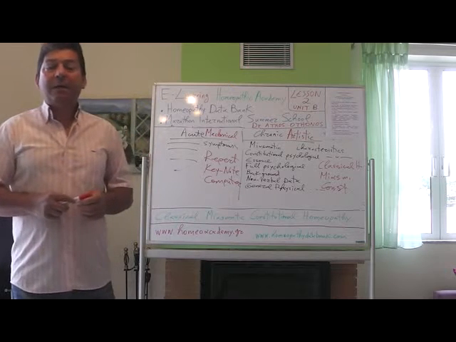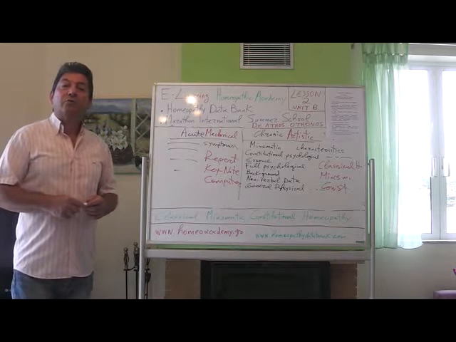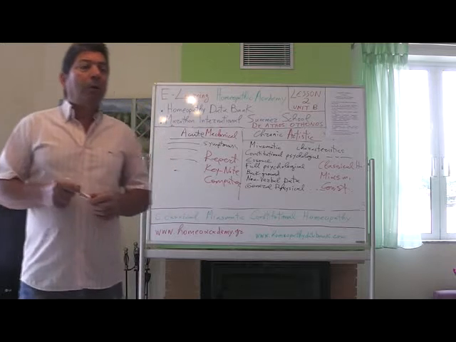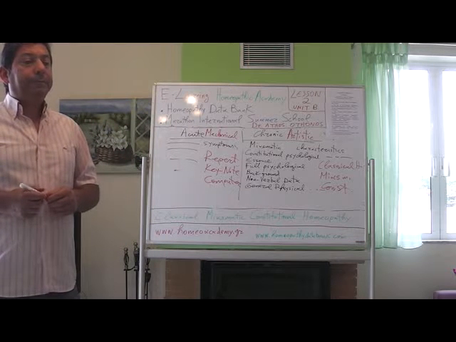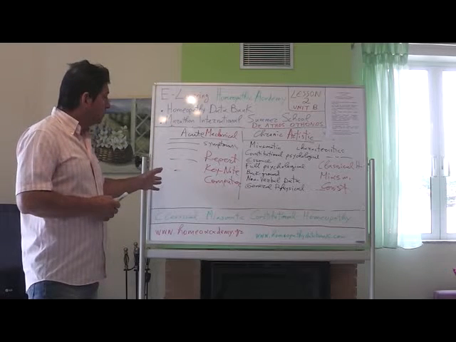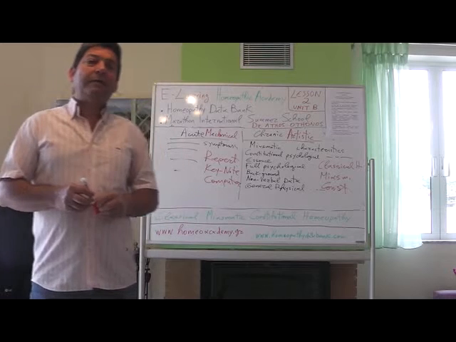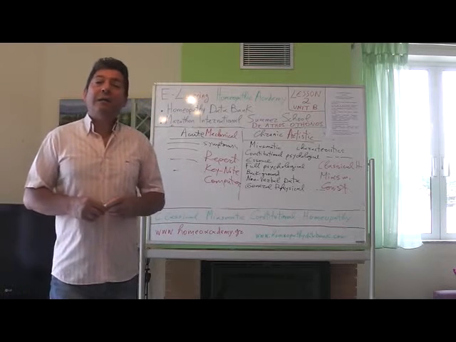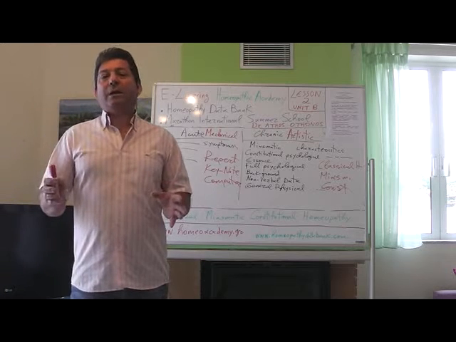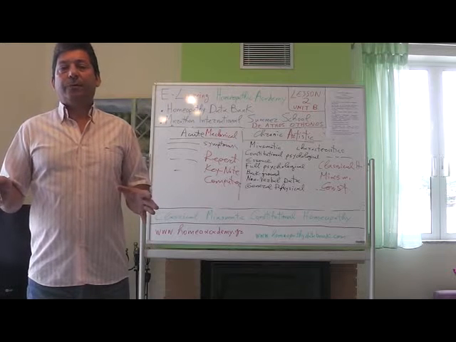Uaethia has some characteristic picture in certain acute conditions, or let's say berberis. Berberis has a certain characteristic acute constitutional picture in urine infections.